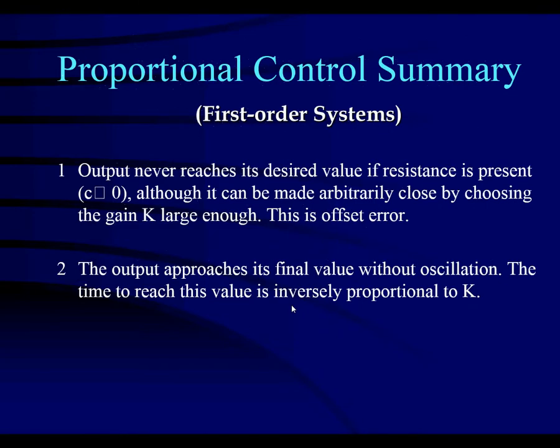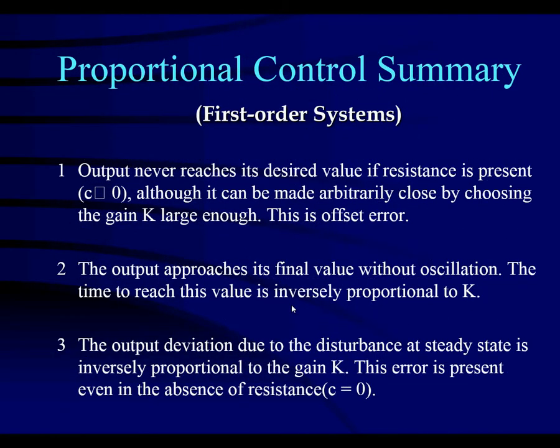The output approaches the final value without oscillation. The time to reach this value is inversely proportional to k. Obviously, because remember I said the more error, the more control. So it's going to react quickly by making it proportional to the error. These are the properties of first order systems under proportional control.